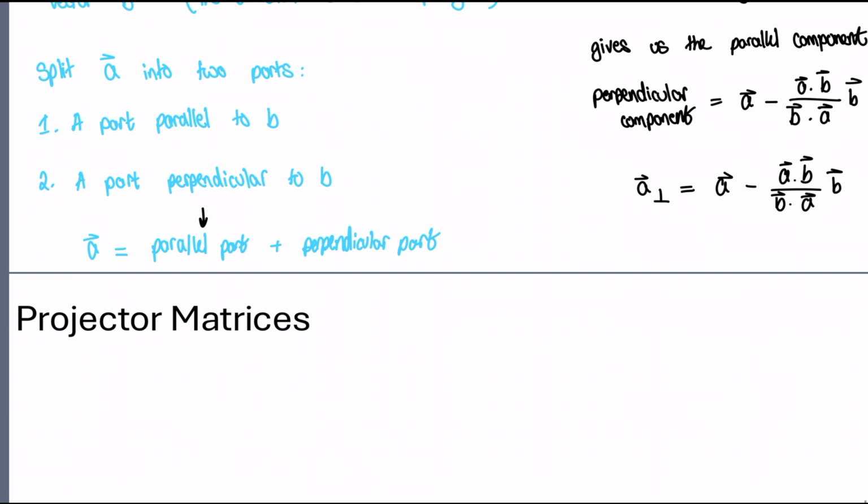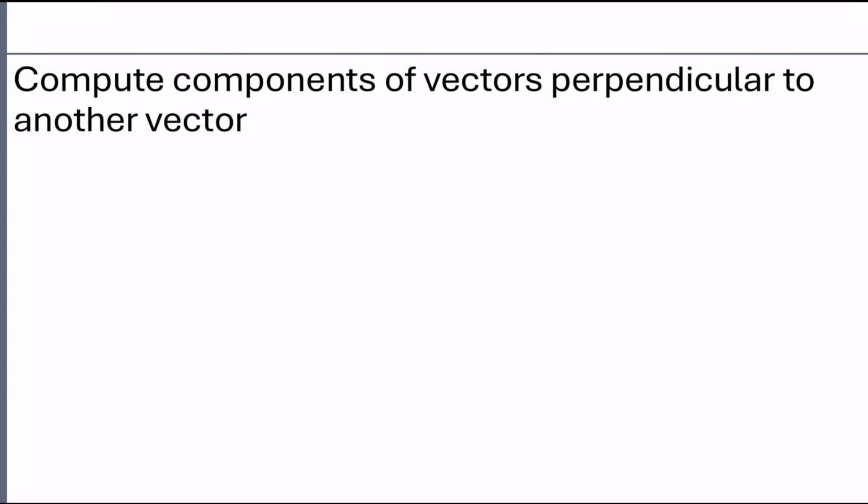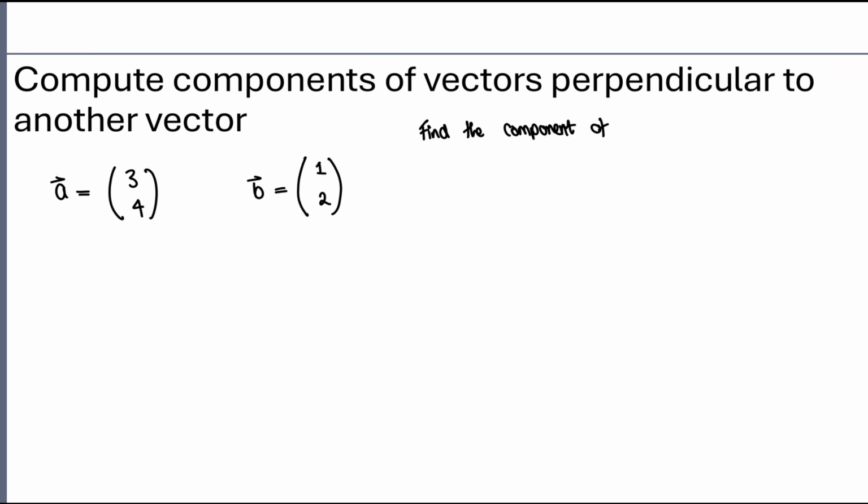Cool. If we look at an example of this, let's say we had the vector A, which is going to be 3, 4, and then the vector B, which is going to be 1, 2, and what we need to do is find the component of A that is perpendicular to the vector B. So from before, we know that we can split up A into two parts.